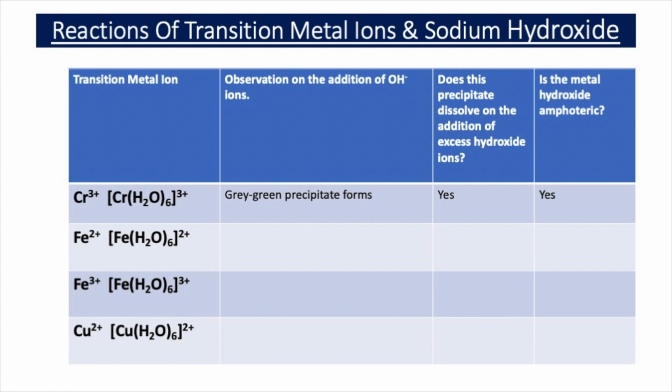This means that the metal hydroxide, chromium(III) hydroxide, is therefore amphoteric, because a chemical reaction has taken place when we've added alkali to the chromium hydroxide. We know it would react with acid, so because it's reacted with alkali as well and formed this soluble complex, we can class chromium(III) hydroxide as being amphoteric.